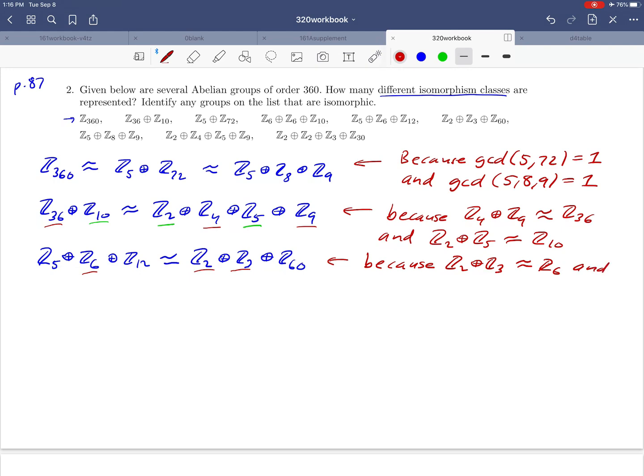The other thing we might notice is that on the other side, Z5 and Z12, 5 and 12 are relatively prime, and so that direct product is going to be isomorphic to Z60.